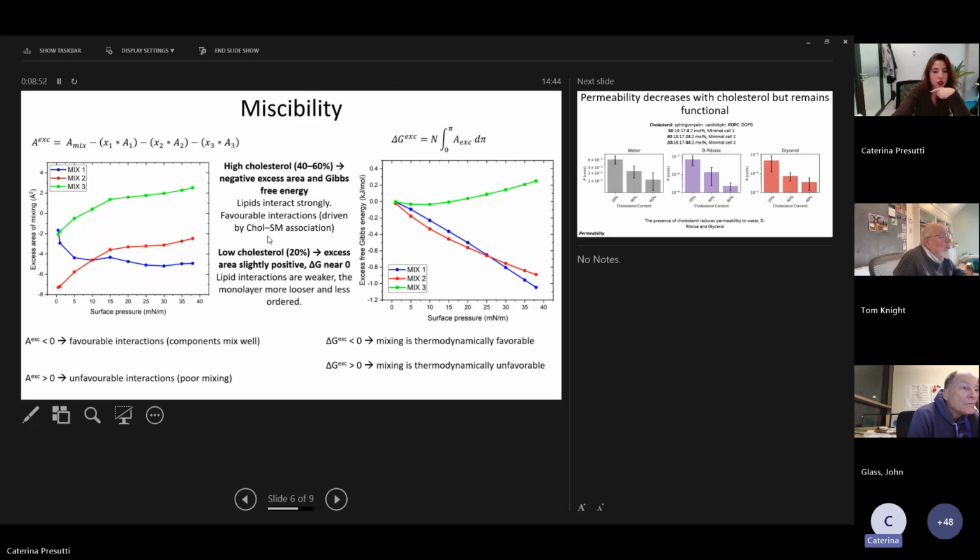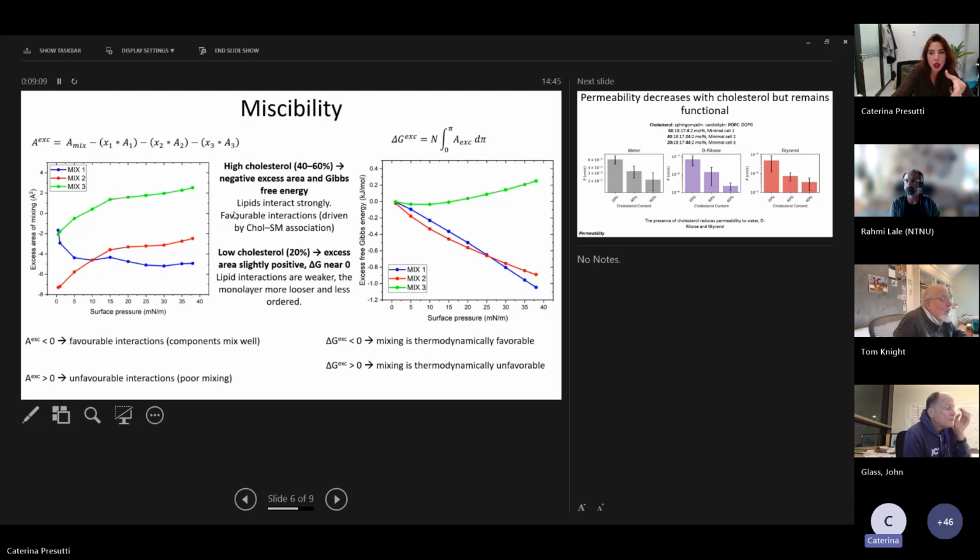On the other hand, monolayers with lower cholesterol content tend to be slightly positive, with an excess area close to 0, indicating weaker interaction and looser packing, in agreement with the fact that the monolayer is more loosely packed and less ordered.